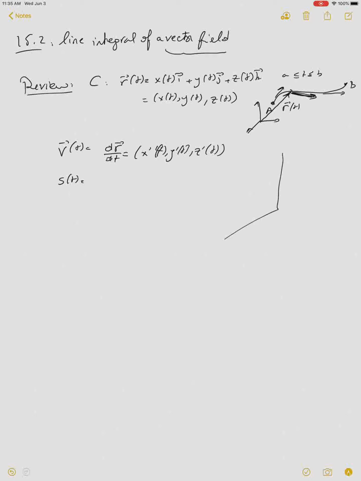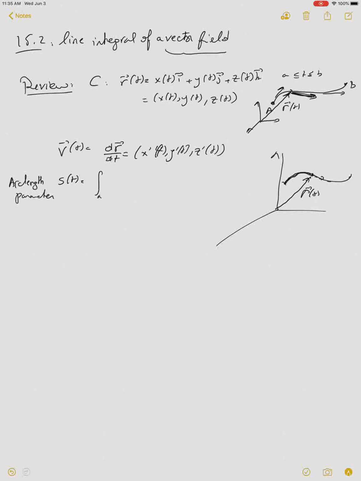So if I have, again, this is my curve C, and let's take the length from the initial point till the point at time t, if this is r of t. If I want to know the length here, this is a function, because when you vary t, the length will increase. So this is called the arc length parameter.